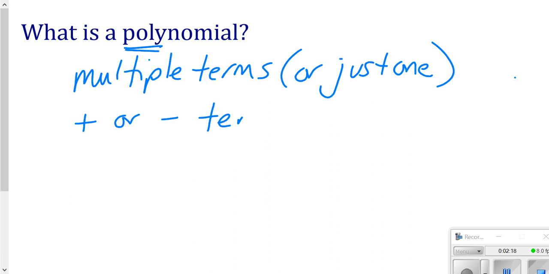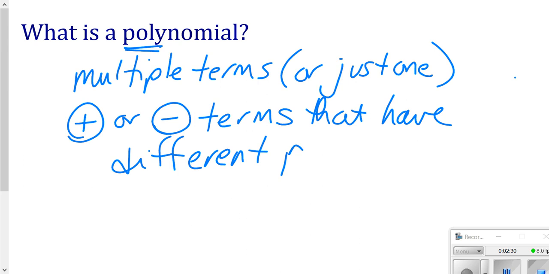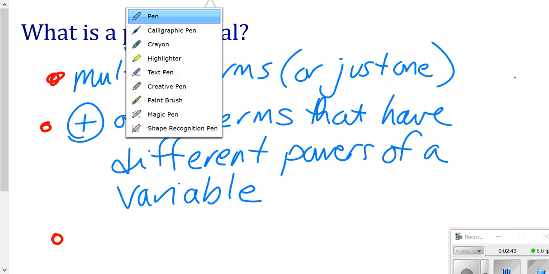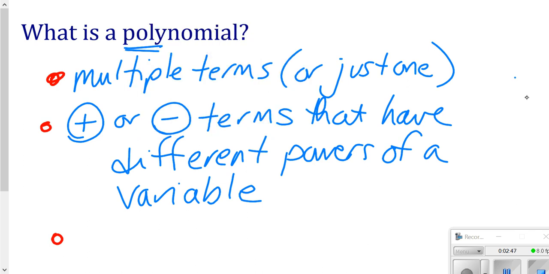I know I have to go back and explain what a term is. So adding or subtracting terms that have different powers of a variable. Okay, so this is what I would say. These two things are really important, and a third point that I would make is just that terms are separated with addition or subtraction.